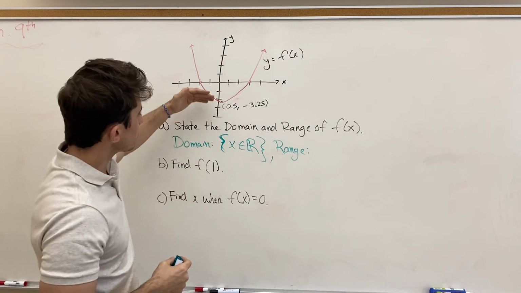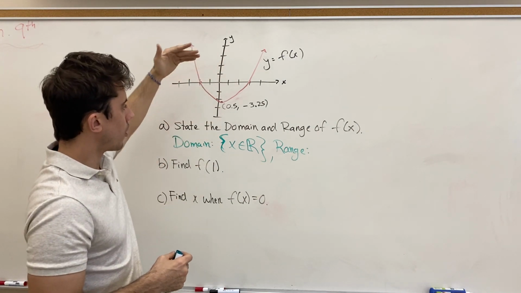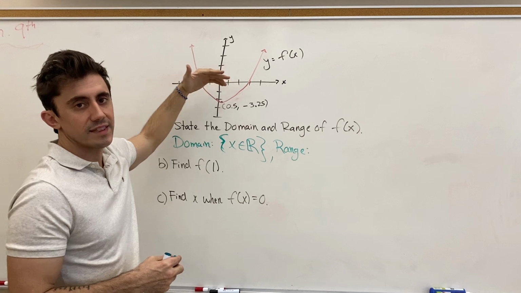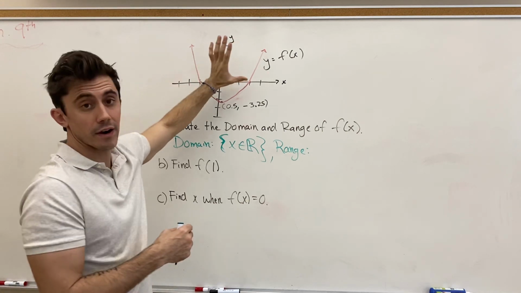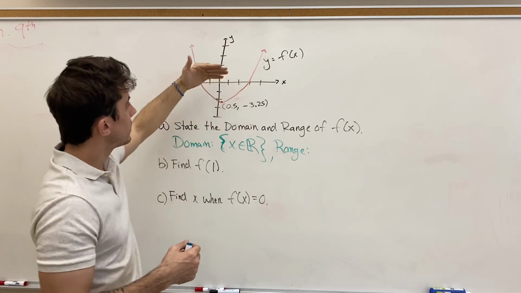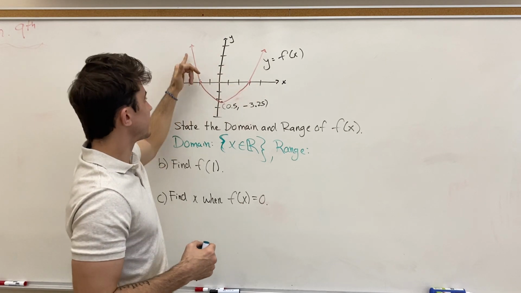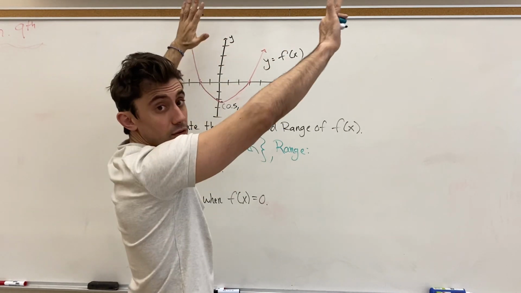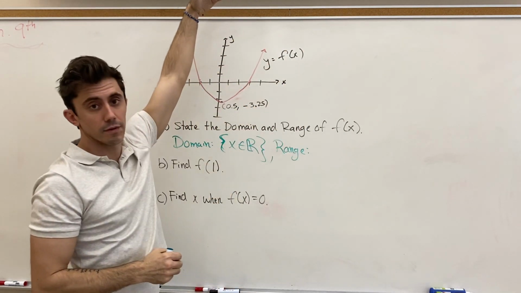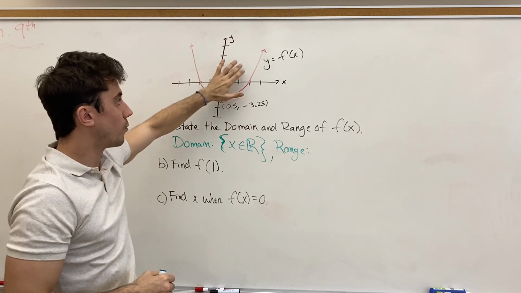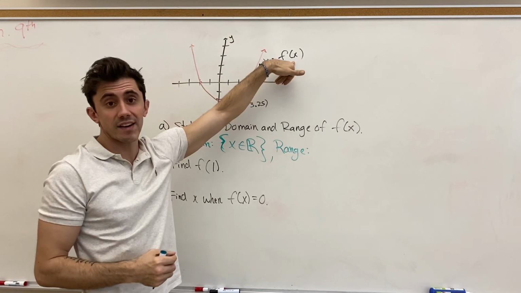And so if we look at our graph, what are all of the possible y values that we might have anywhere on our curve? Well, since the arrows extend infinitely up and out, there is no conceivable upper limit to the y values, which means the values that f of x can take on.